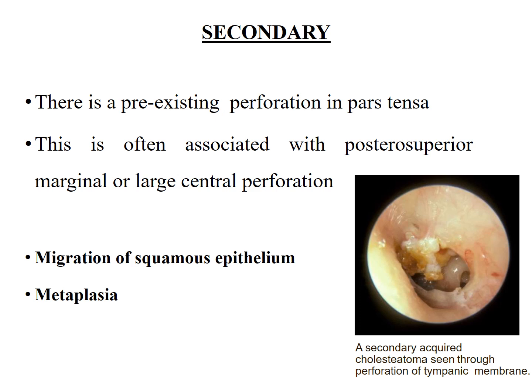Perforations which involve the tympanic annulus are more likely to allow the ingrowth of squamous epithelium. The second theory is metaplasia, in which the middle ear mucosa undergoes metaplasia due to repeated infections of the middle ear through the pre-existing perforation. So in the picture, this is the secondary acquired cholesteatoma, which is seen through the perforation of the tympanic membrane.